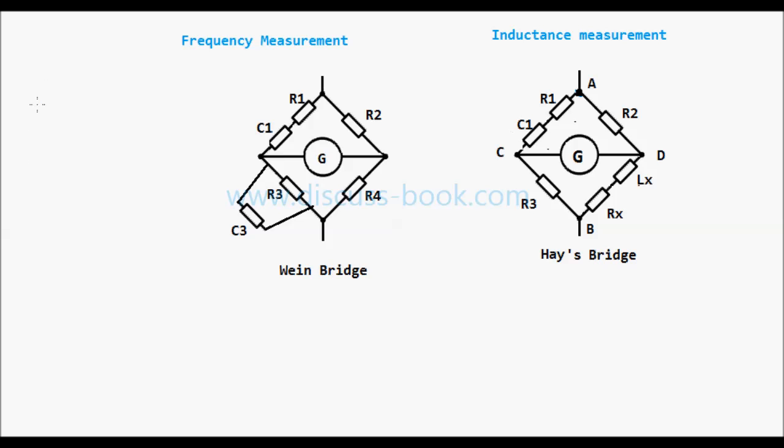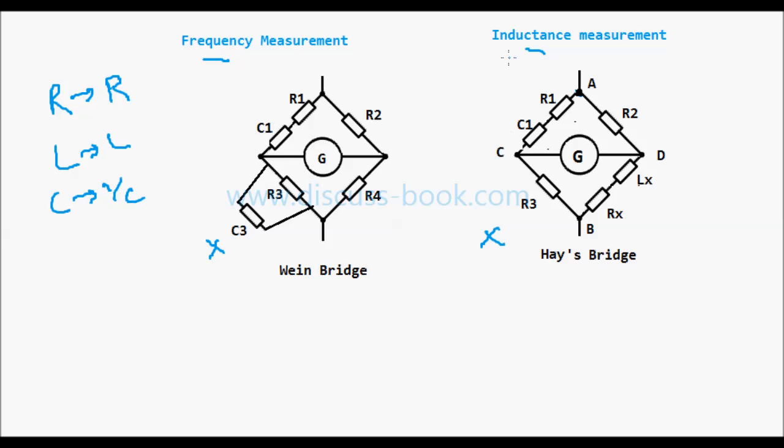This shortcut, wherein you use R as R, L as L, and C as 1 by C, cannot be applied to the Wien bridge and the Hay bridge. The Wien bridge is used to measure frequency and the Hay bridge is used to measure inductance.